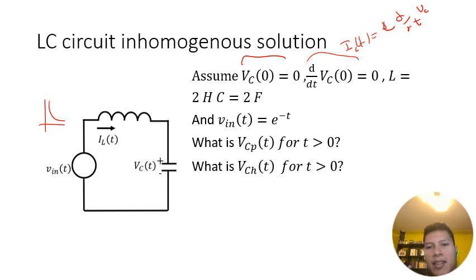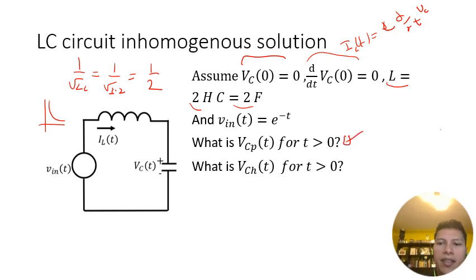So this is a completely discharged example. For this particular case, L equals 2 and C equals 2. That gives us 1 over the square root of LC is 1 over the square root of 2 times 2, which is just 1/2. It's asking us to solve for VCs of P.